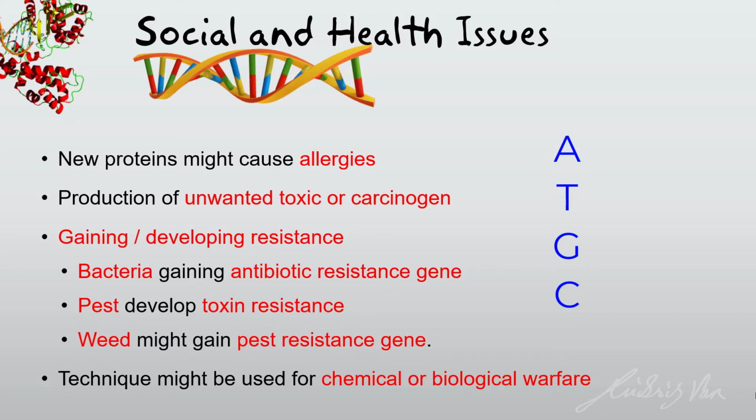Doesn't it sound familiar, like something that we have learned in the previous lesson? Like the ATCG which we learned. So when it comes to social issue, just remember ATCG or ATGC, up to you. Allergy, toxic, gaining of resistance, and chemical or biological warfare.